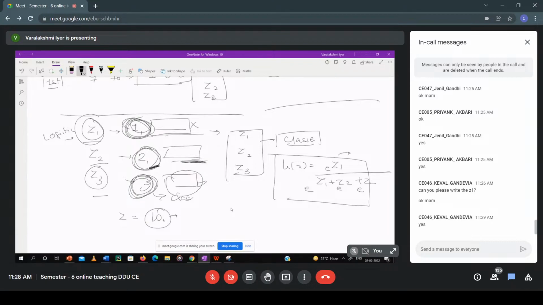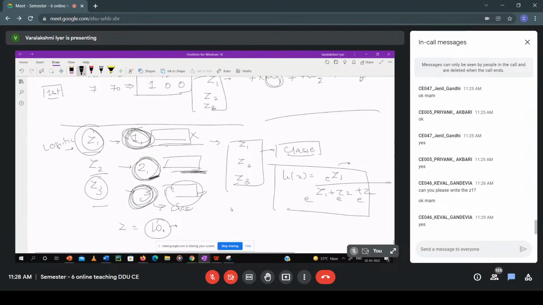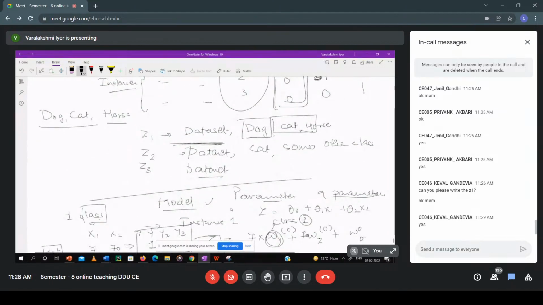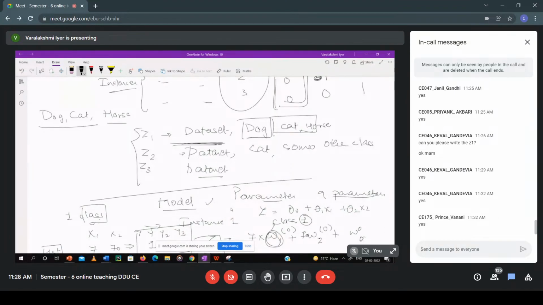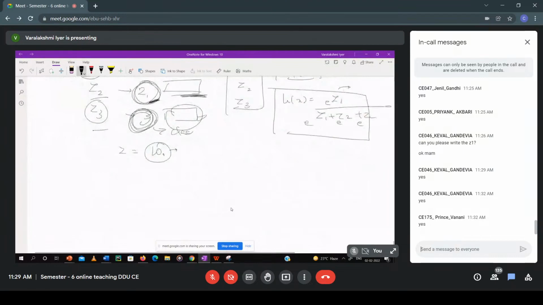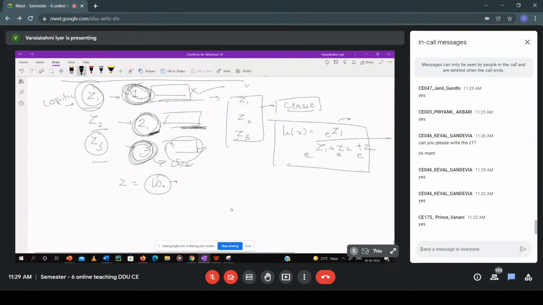Yes or no? Up to this, everyone is clear? The division that I did here, is that clear to everyone or not? What about others? So each Z will have unique parameters, or not? For example, this Z1 will have unique W0, W1 and W2. Similarly, the others will have their own unique parameters.